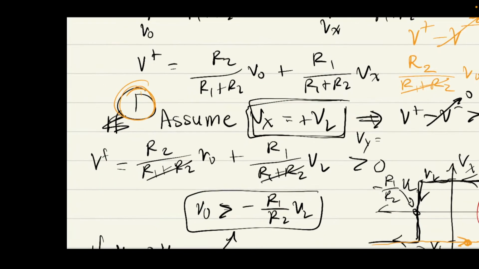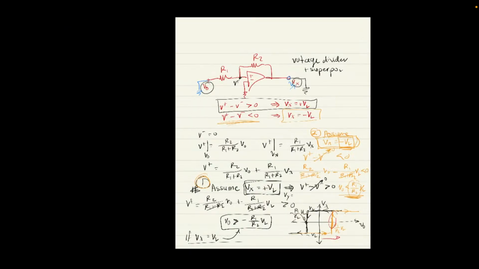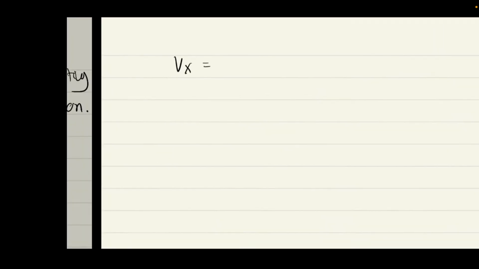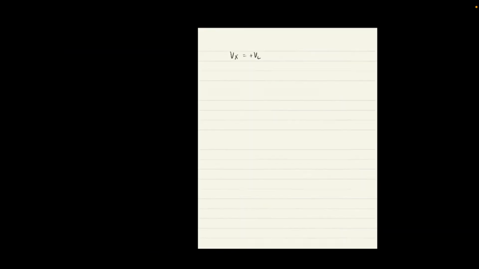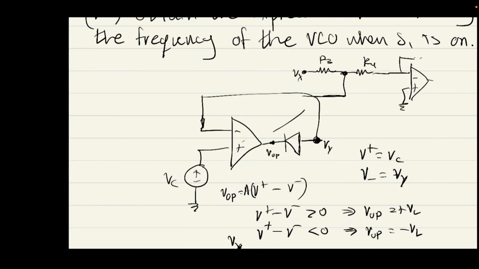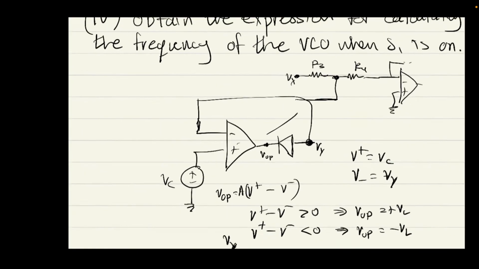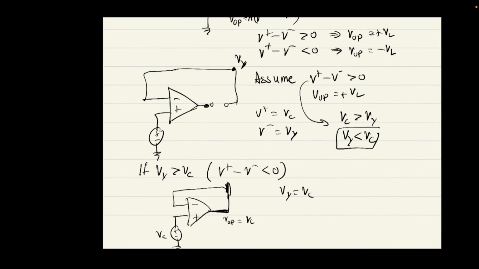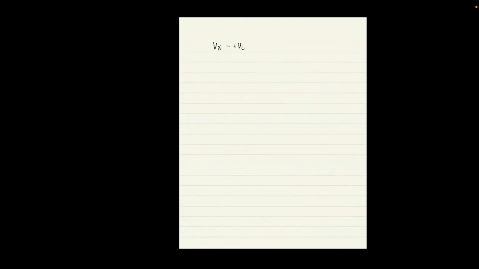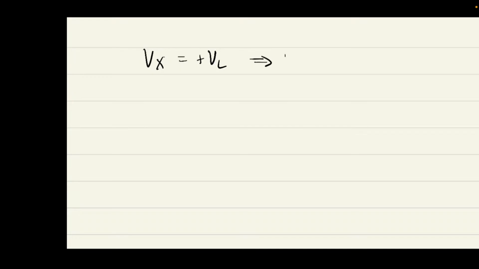Okay, so basically if Vx is positive VL, then you can see that Vy will be kind of large, right? So if this happens, then Vy is going to get clamped to Vc. I'm just going to check my notes to check that I'm doing this correctly. Yep.